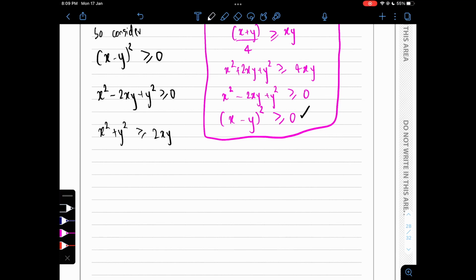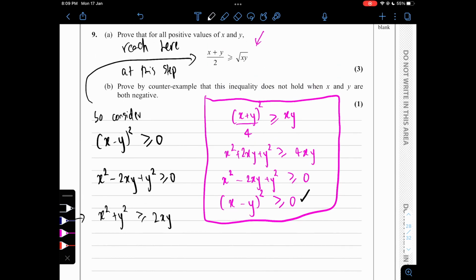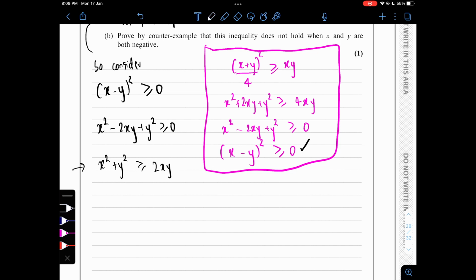Then what? Because we want this on its own and we want x plus y, you can see over here we want x plus y. So we just do x plus y whole squared minus 2xy, because it's the same thing as x squared plus y squared greater than or equal to 2xy.